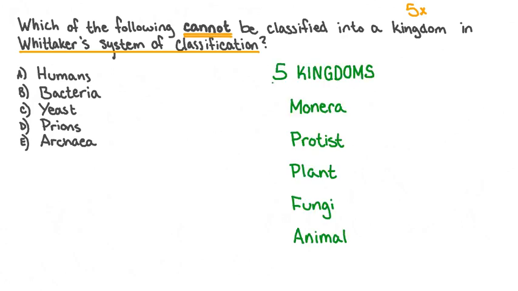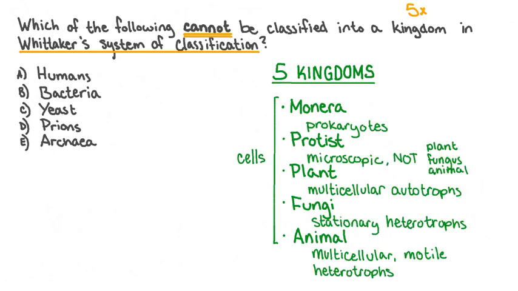The 5 kingdoms described in Whittaker's system are Monera, protist, plant, fungi, and animal. All 5 of these kingdoms have in common that they are made of living organisms that consist of at least one cell. Members of the Monera kingdom are prokaryotes, single-celled organisms that do not possess a nucleus.